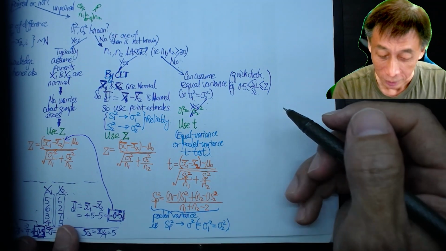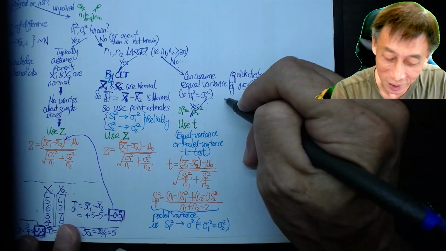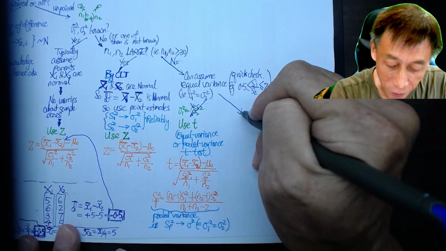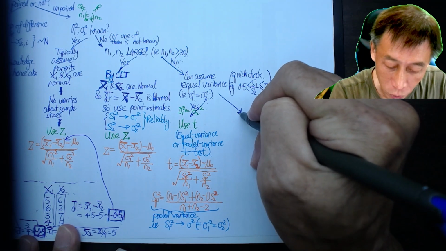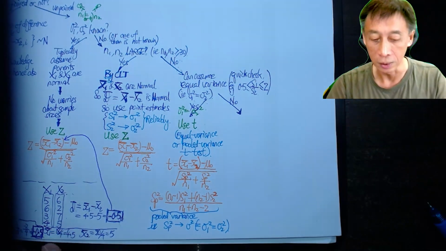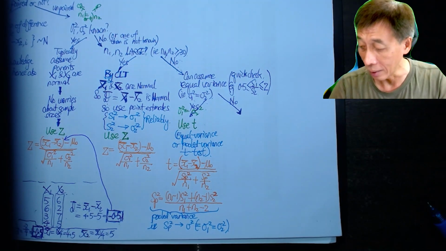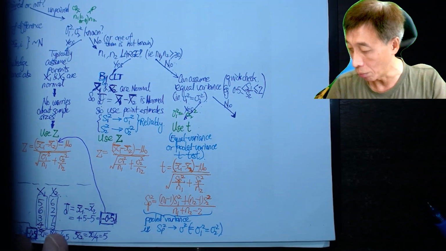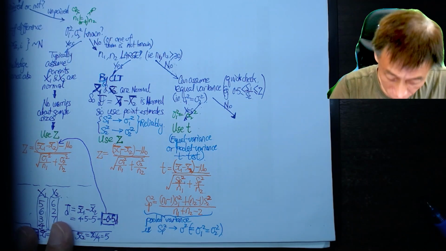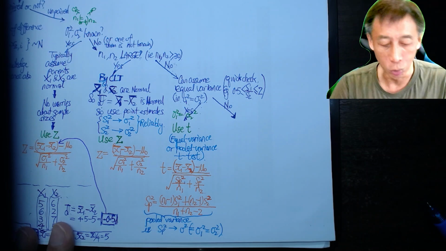And what happens if we cannot? What if there is a strong logic, a strong reasoning, a strong understanding, a supplementary note or whatever it is, that says no, you cannot use equal variance?